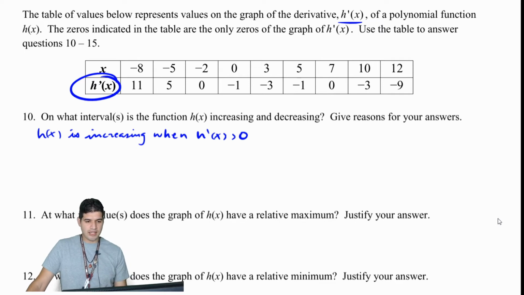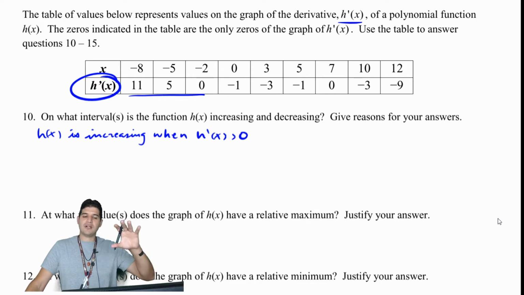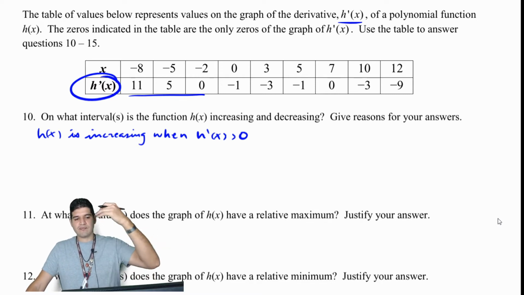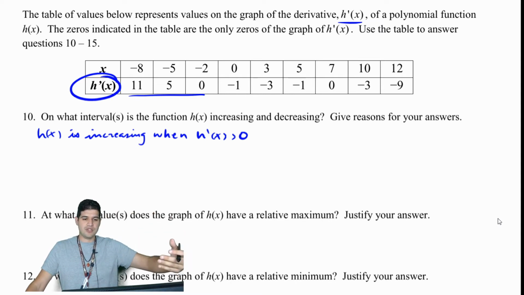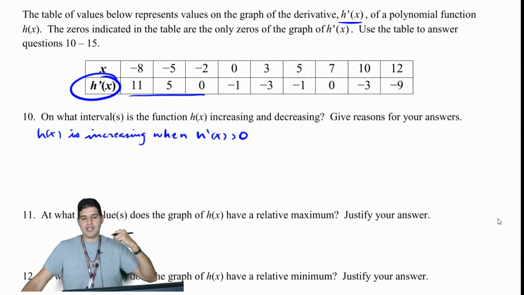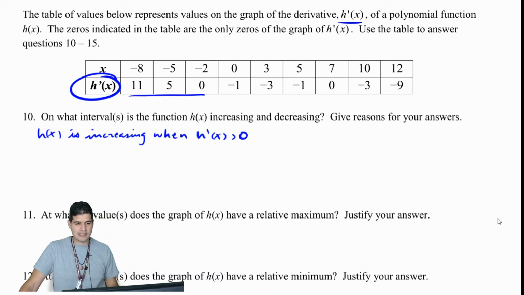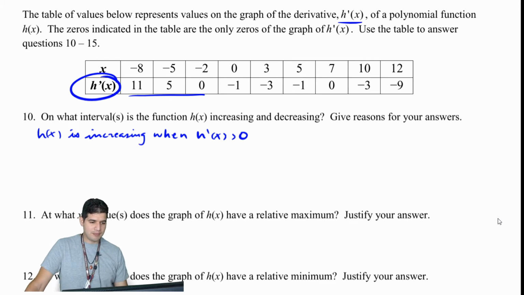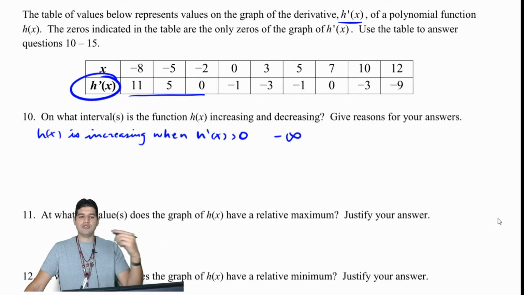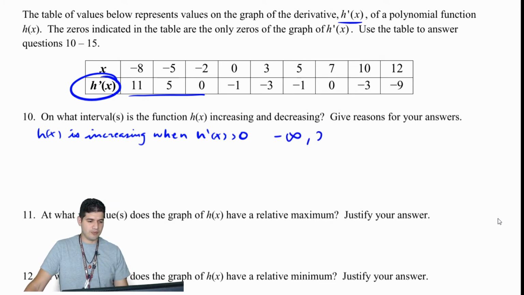I'm looking here, okay, I've got a 0 at -2 and a 0 at 7. And everything else is negative except for -8, -5, and -2. All those h prime values are going to be positive. Those are the values that I want to grab. And so that's going to happen from -infinity all the way up to that 0, which is at -2.